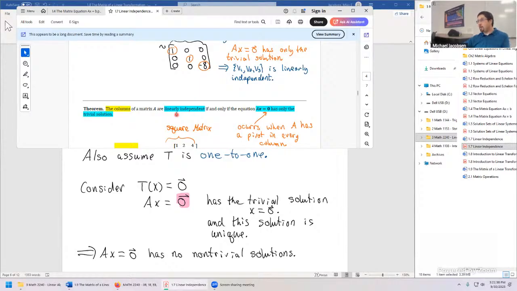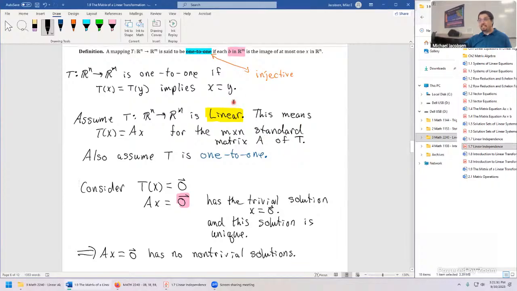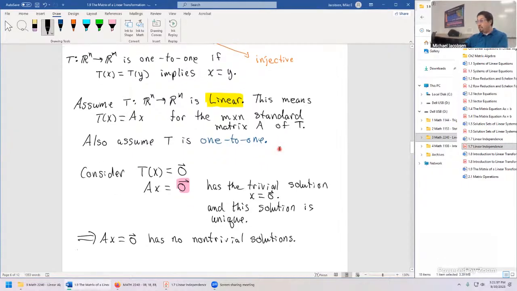So you could relate onto or injective mappings as being linearly independent. Or if you really want to, you just can jump into having a pivot in every column. All those concepts are now related to each other if your transformation is linear. If it's not linear, all that information is gone. You don't even necessarily have a standard matrix A whatsoever.